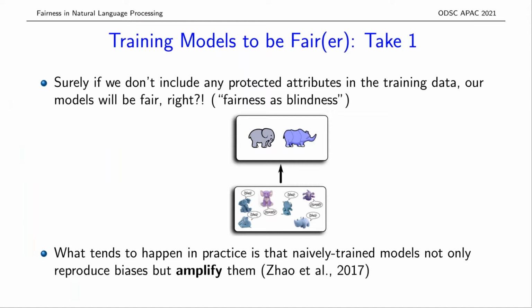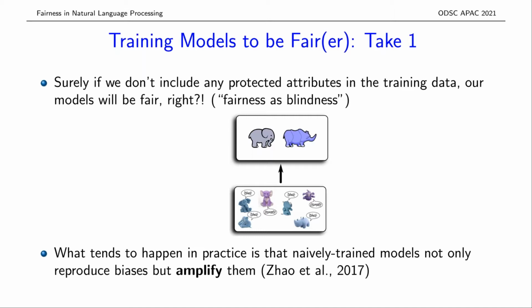How do we go about resolving this issue? Well, a naive approach might be to say, surely if we don't tell our models anything about these protected attributes, they're not going to be biased towards them because they don't exist as far as the training of the model is concerned. I'm going to use as a running example a toy illustration: in our training data, we've got soft toy elephants and rhinoceroses.